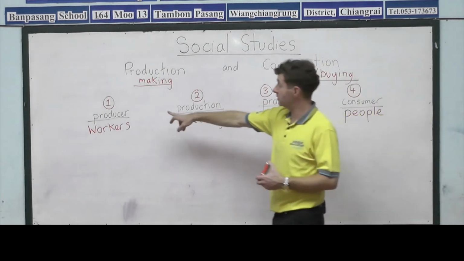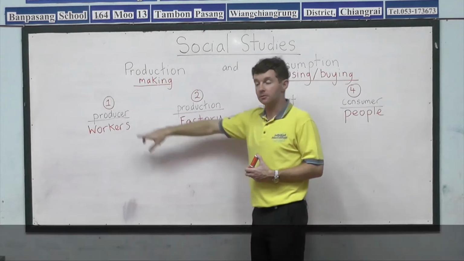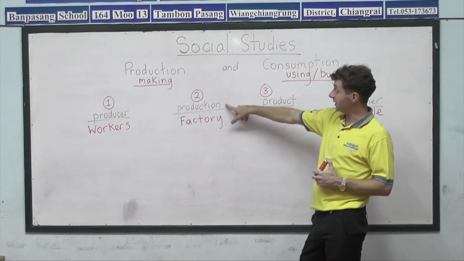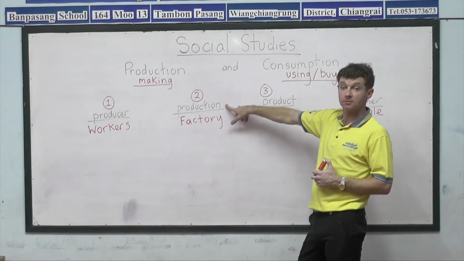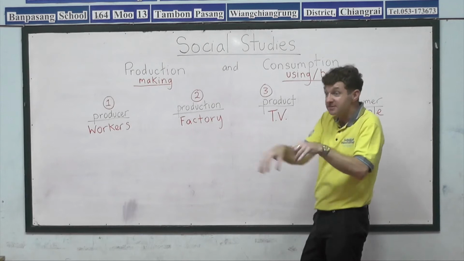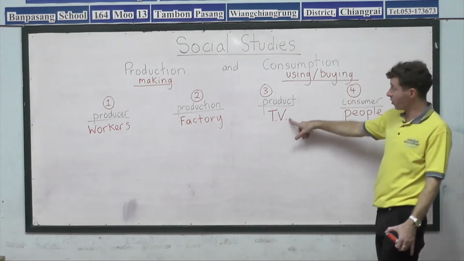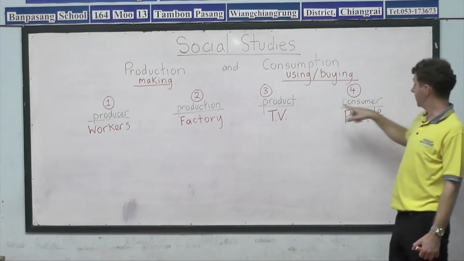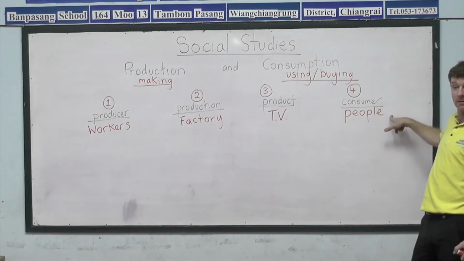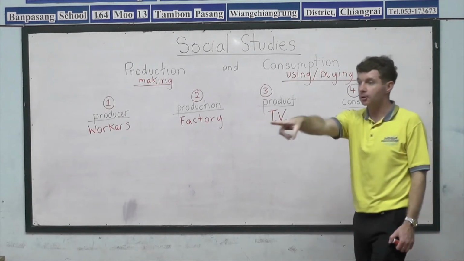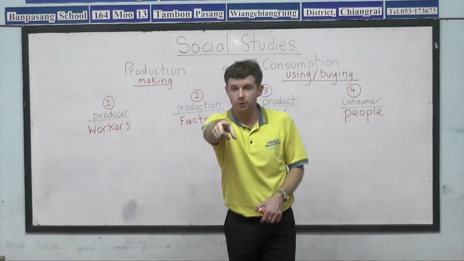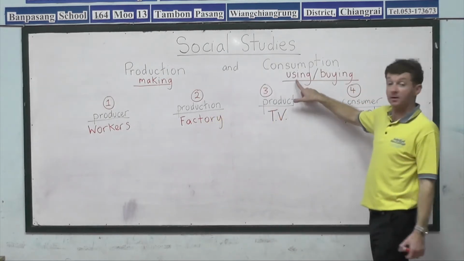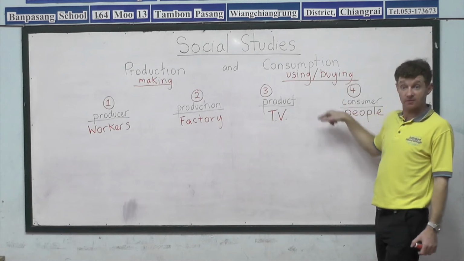Workers are the producer. Stage 2, the factory is the production. That's where the TVs are made. What is the product? TV is the product. And who is the consumer? People. Me. You. We all watch television. So we all use TVs.